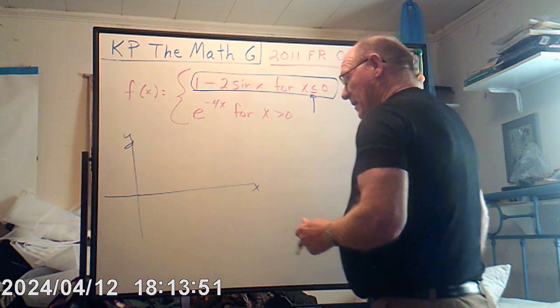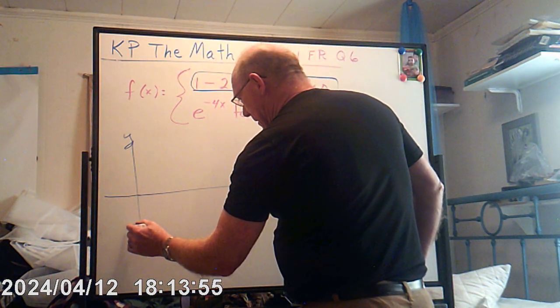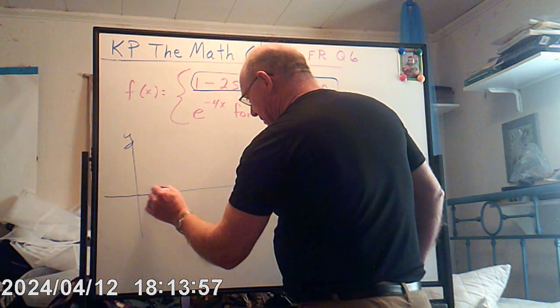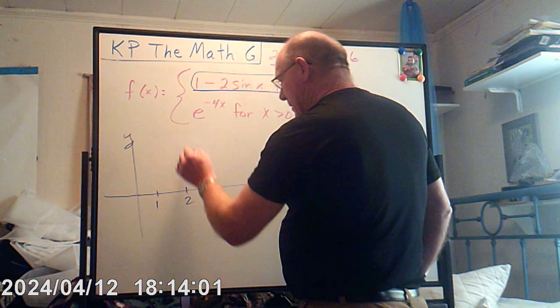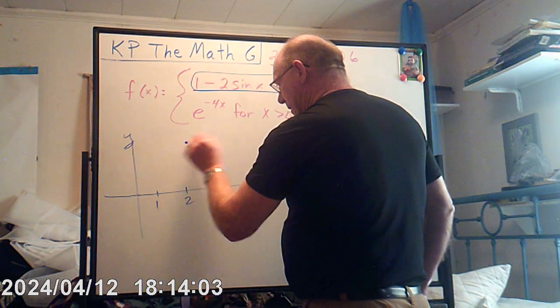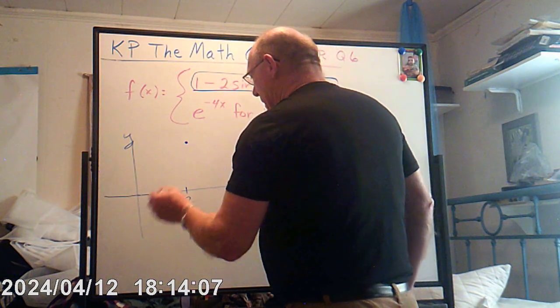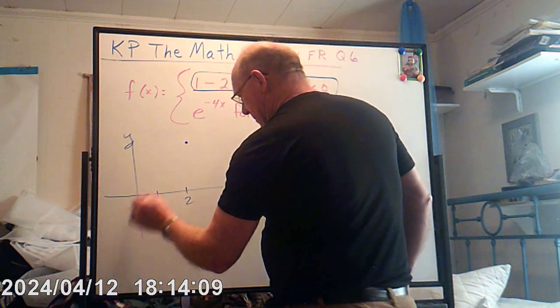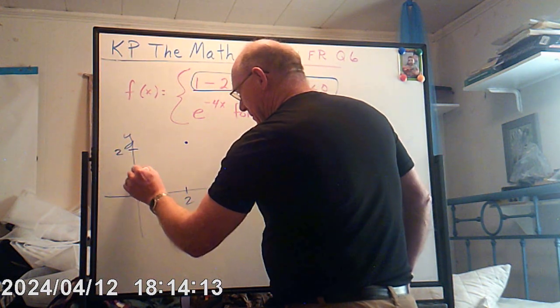We have something coming this way, and maybe here's 1, 2, and then f at 2. So f at 2 happens to be here, but then this is, let's say, 2 also.